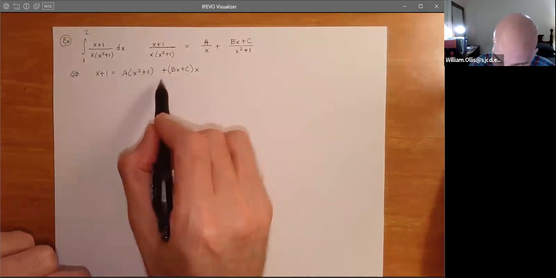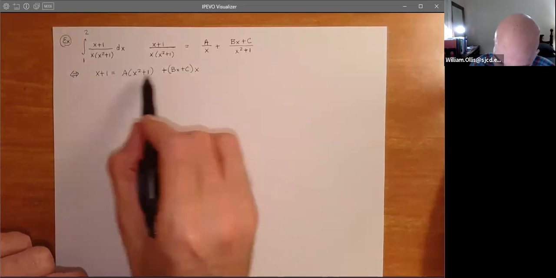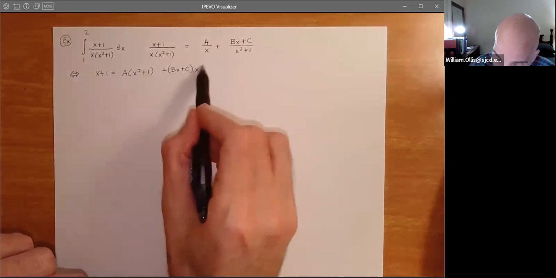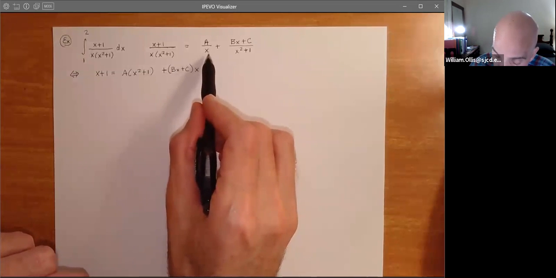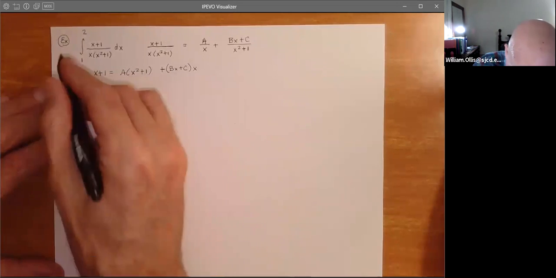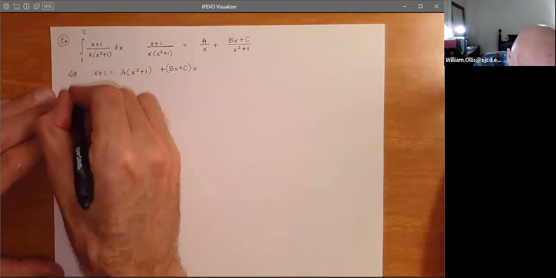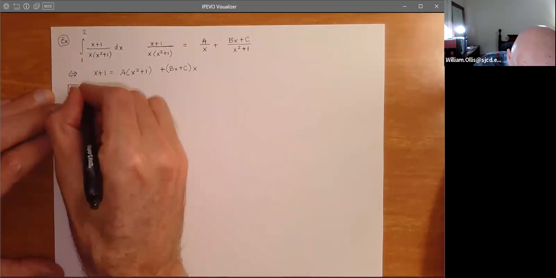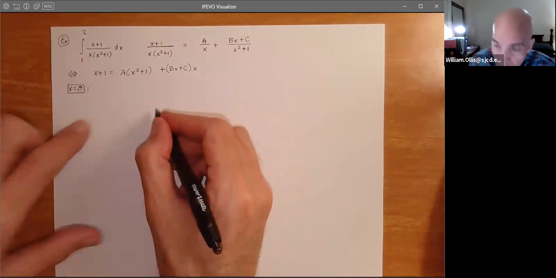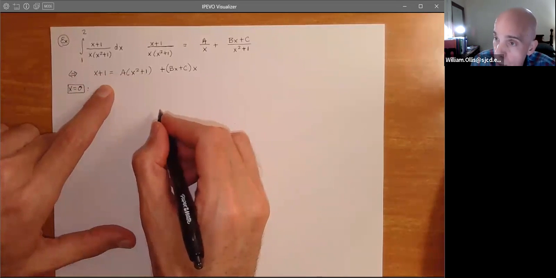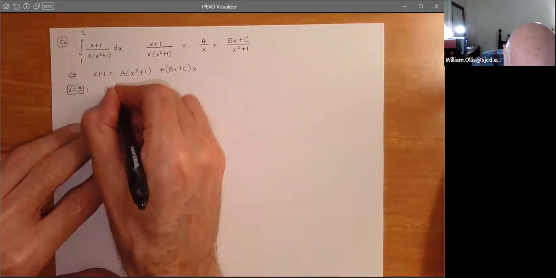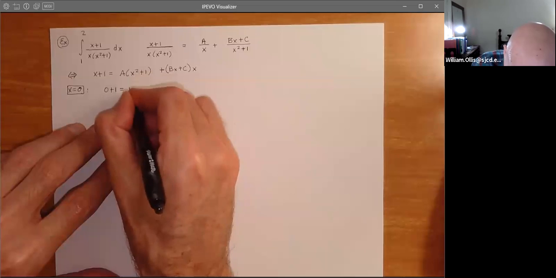So again, when we look at this, we're thinking, okay, we can always choose x equal to 0 because that will annihilate this term. The linear factors are simple, and then we can solve for a. So let's be straightforward with this and say x equals 0. Now when we substitute 0 for x, we just get 0 plus 1, which is 1.